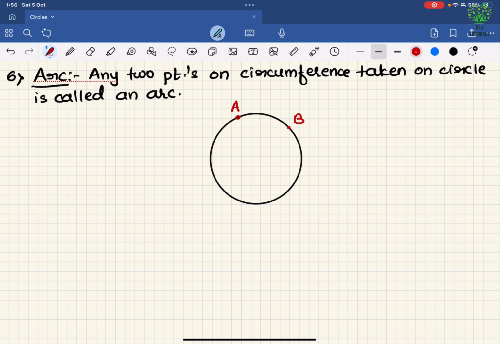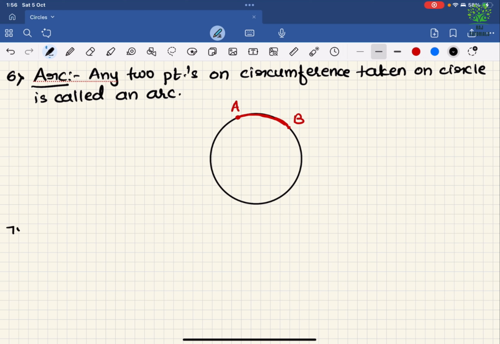Now if I take this part AB, the colored part, then it is called an arc of the circle.